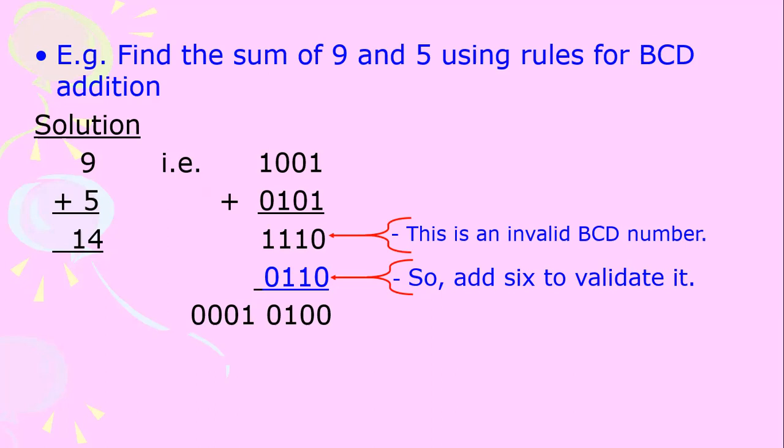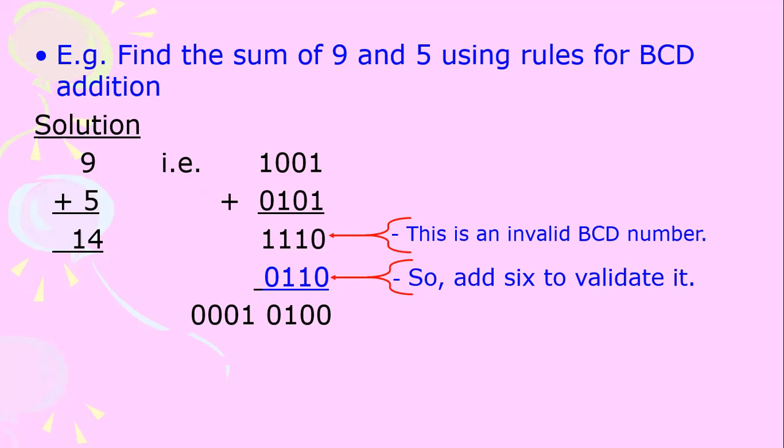Remember in BCD, as I said in part 1 of this series of presentations, we don't read, for example, 14 as fourteen, it is 1 and 4.